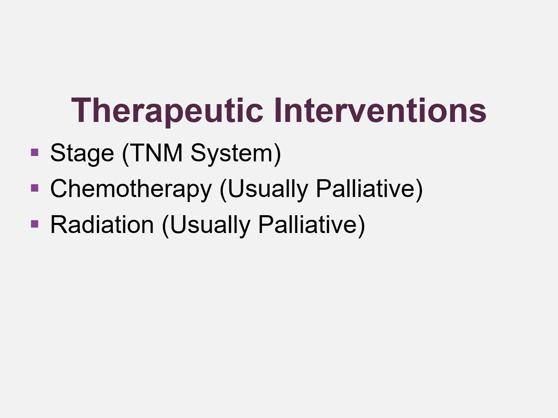They'll stage the tumor using the tumor staging system, chemotherapy, and possibly palliative care, and radiation in palliative care. If they go on to hospice, then of course those treatments would stop. But as long as they're on palliative care, depending on the stage, they would still be receiving chemo or radiation.